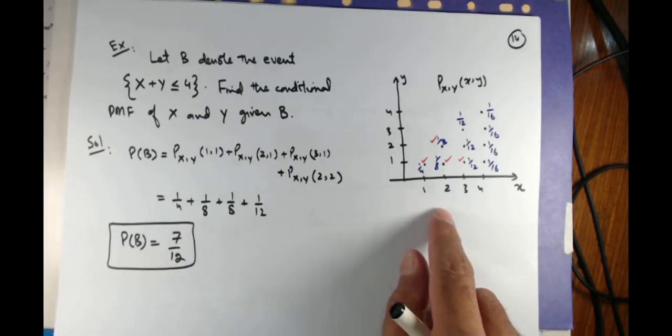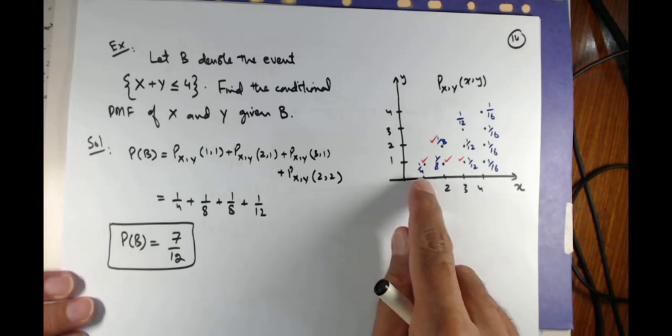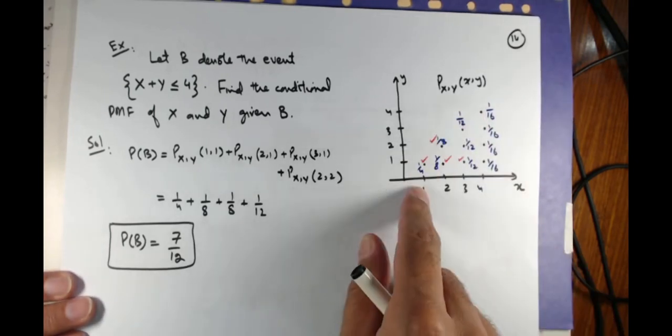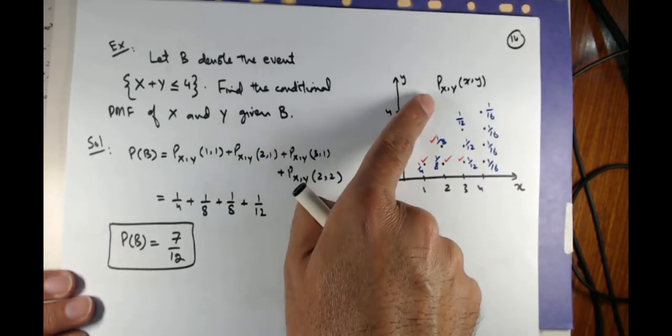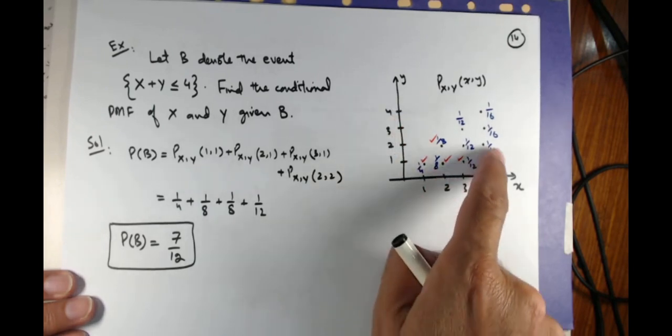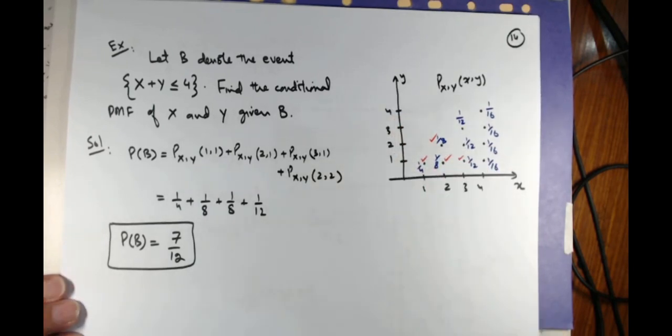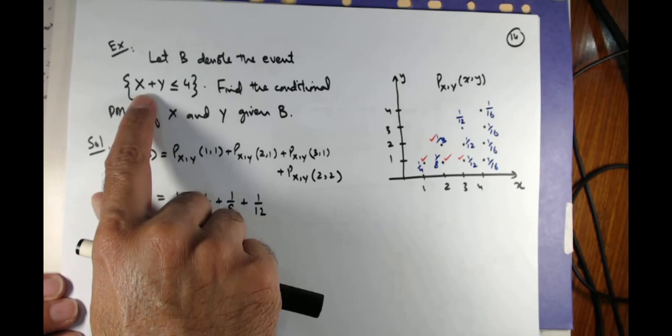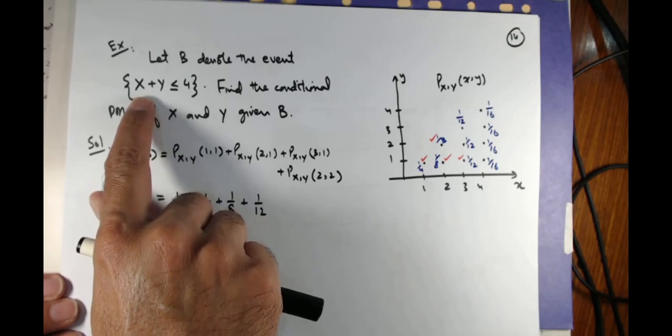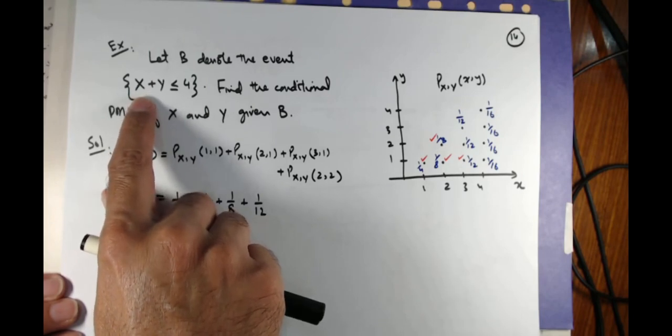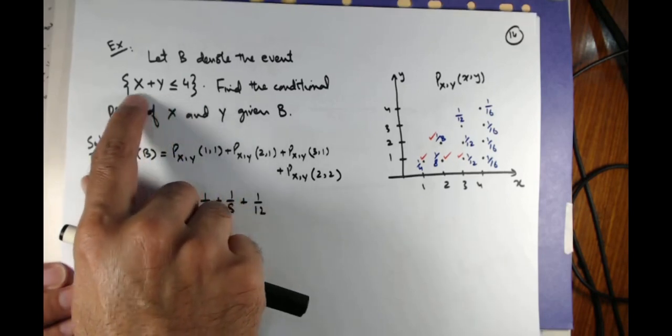So we developed an example where we have some two-dimensional probability distribution with certain probability points, and we were to find the new conditional distribution given this event has occurred.